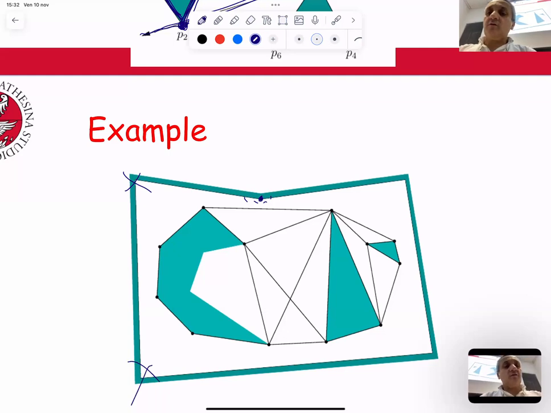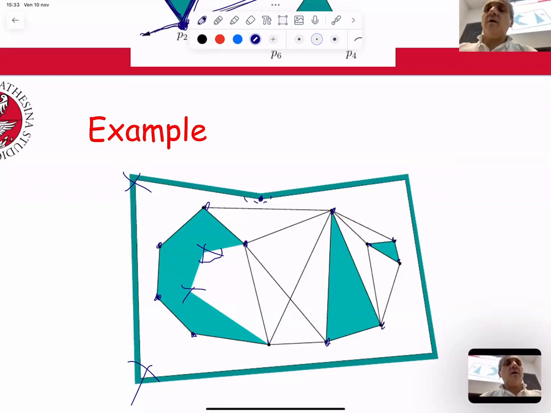This is not. This is. This is. This is. This is. These are not. These 2 are not, because as you can see, the angle in the obstacle part is smaller than pi. This angle here is smaller than pi. This is, and these are the points.